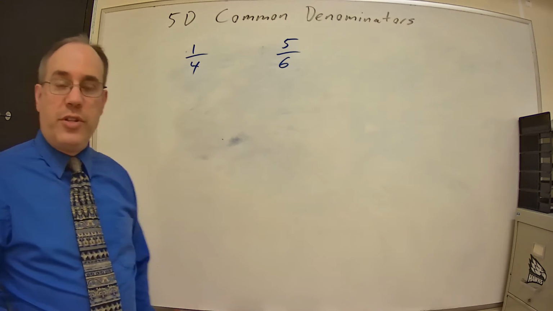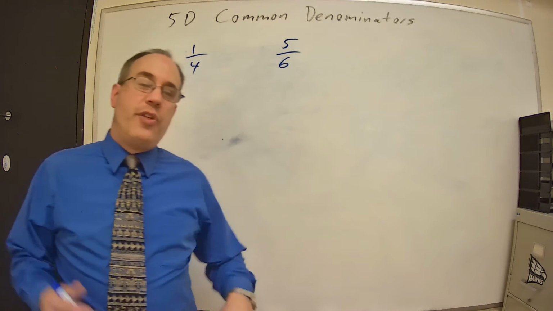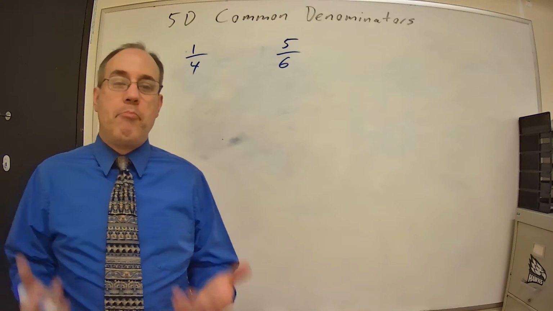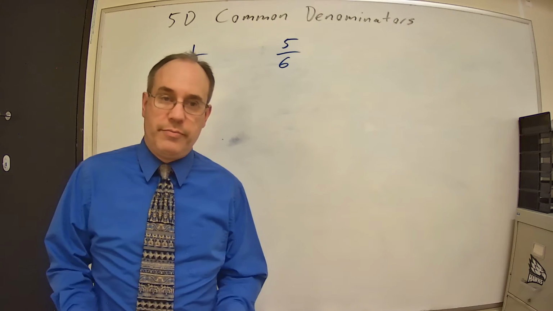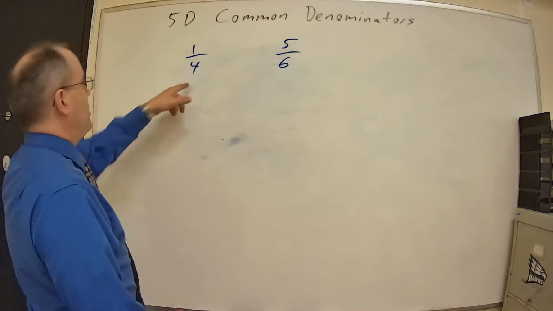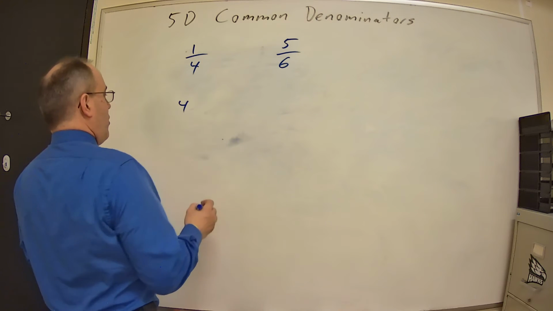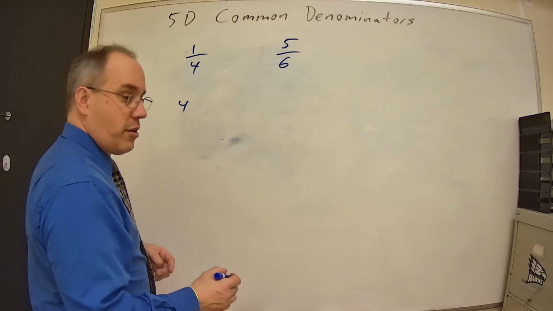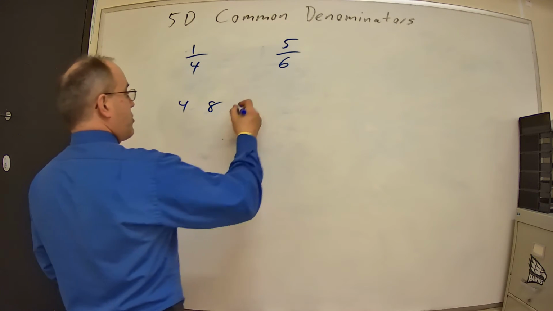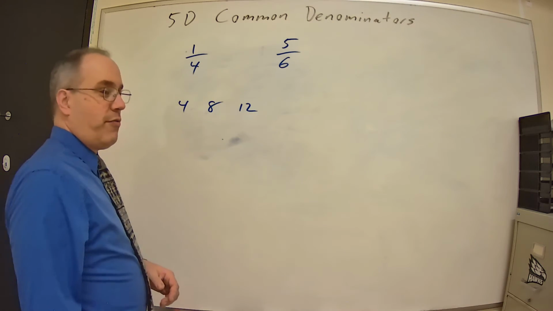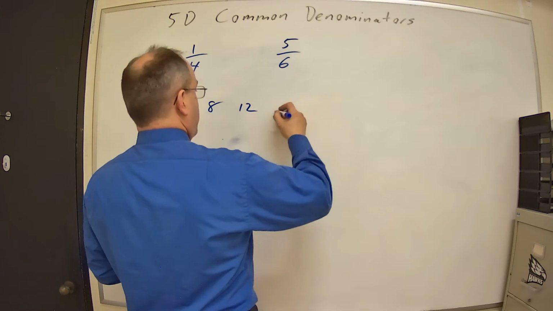Well, one thing I can do is I can find the least common multiple. LCM, least common multiple. So I can look at these and I can say, well, 4 times 1 is 4, 4 times 2 is 8, 4 times 3 is 12, 4 times 4 is 16, right?